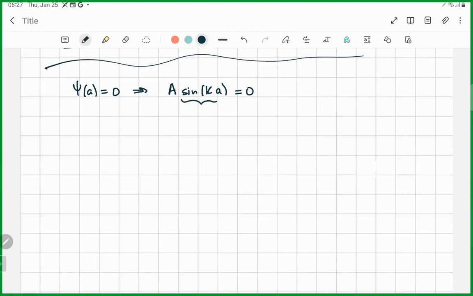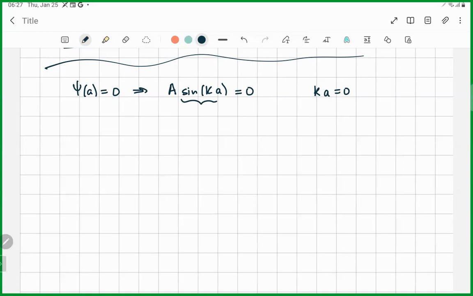I know that sine is 0 in some scenarios. For example, if this thing is 0, okay, that's good. But again, if you use that solution, you'll be killing the sine. So you kill the function.